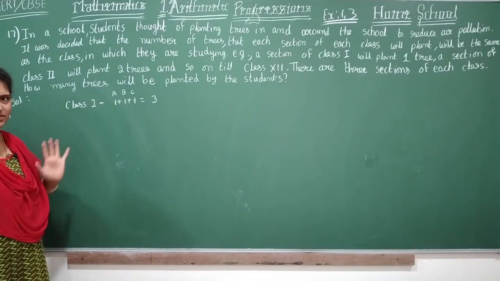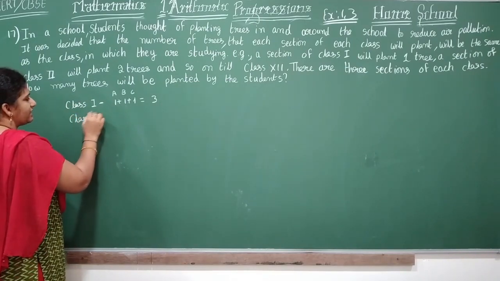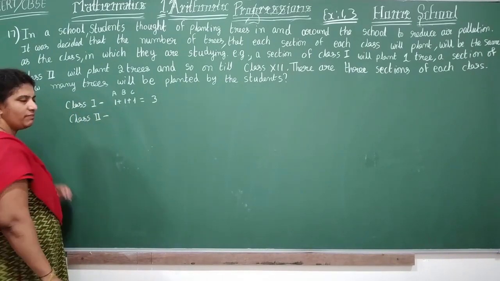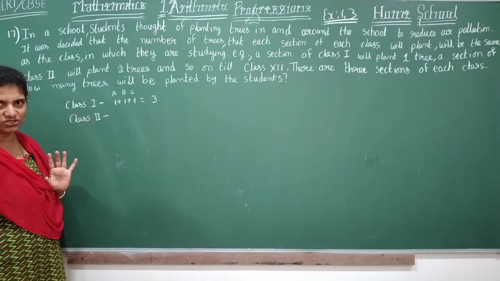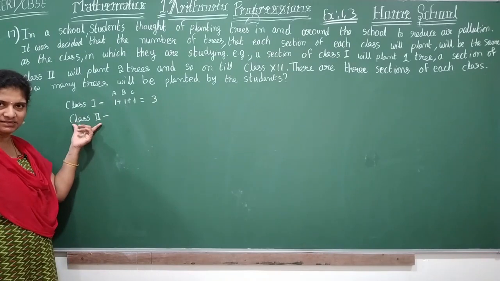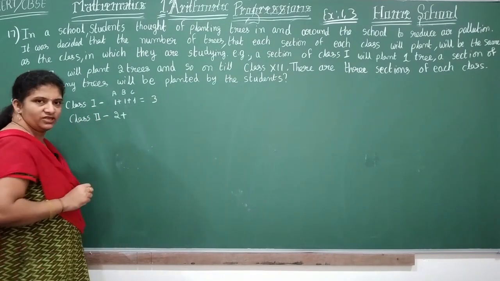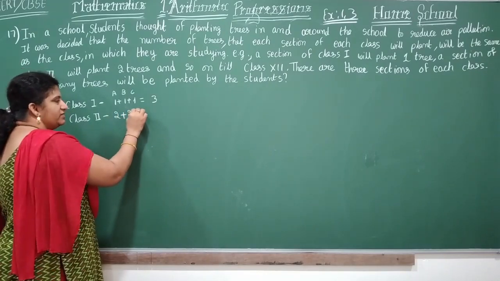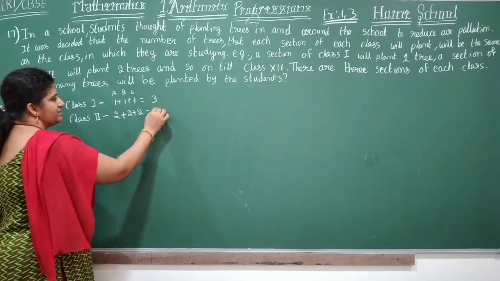Class 1, there are 3 sections, right? So coming to your second class, how many plants do they have to plant each? Again there are also 3 sections. Okay, second class, A section will plant 2 trees, B section will plant 2 trees, C section 2 trees. Total how many here, children? 6.